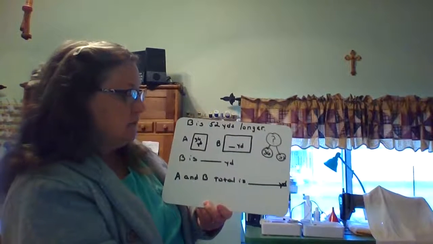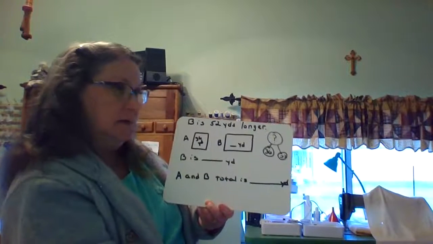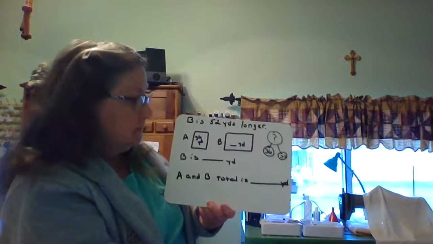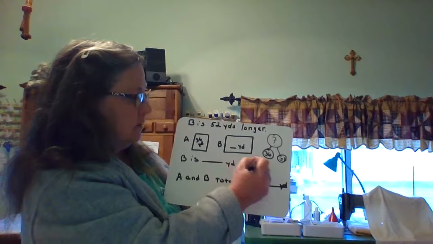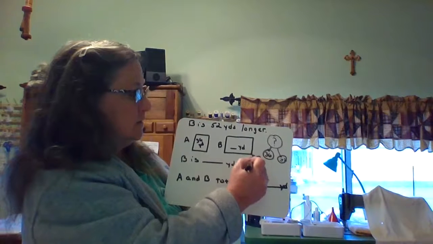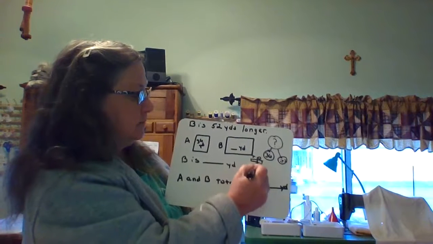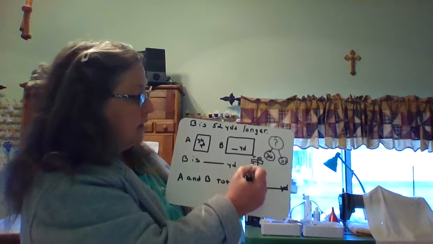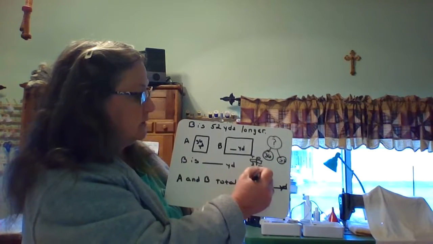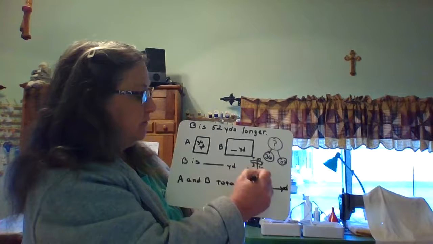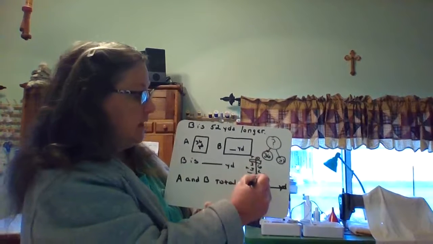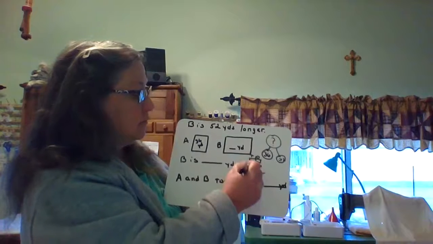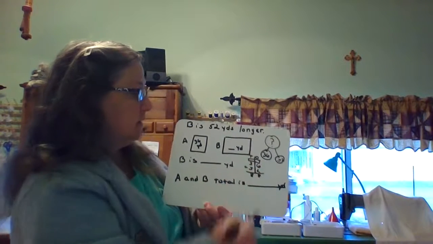So now I can just do my number bond, or I'm sorry, I can do my T. I can make a T. Let's just make that T right here. Tens, ones, box. And I have 36 plus 52. 6 plus 2 is 8. 3 plus 5 is 8.